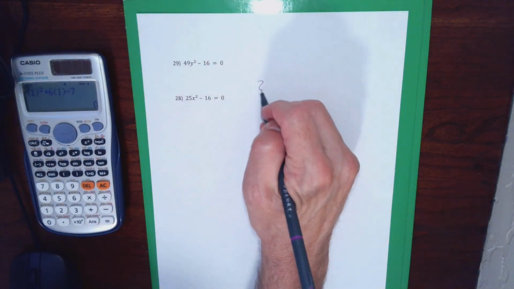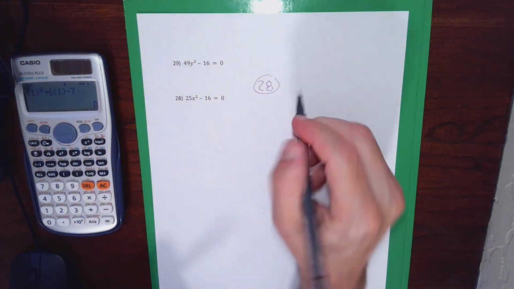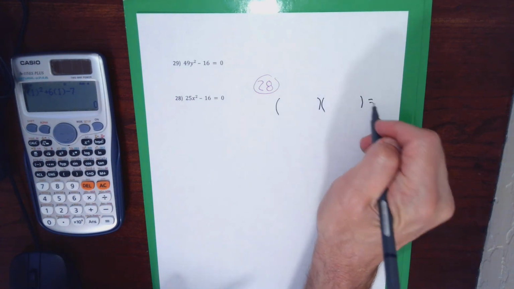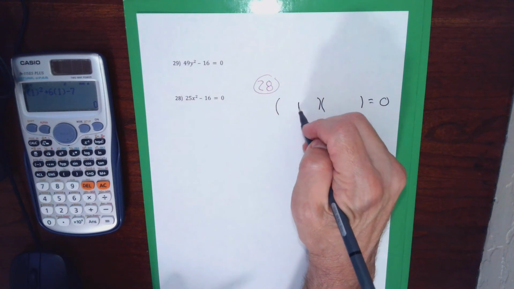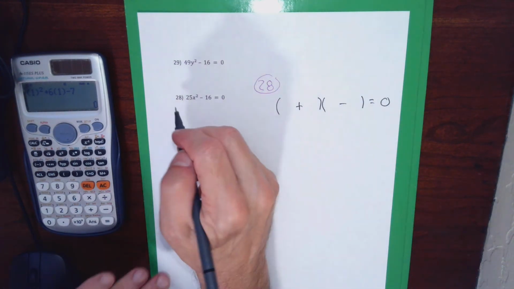In the world of 28, to get it solved, I'm going to get it factored by creating 2 essentially identical parentheses, except one has a plus, the other has a minus.